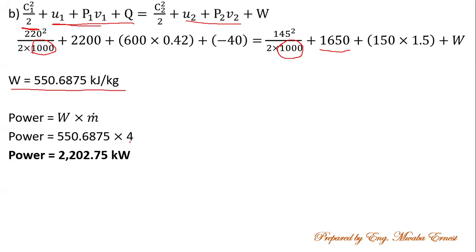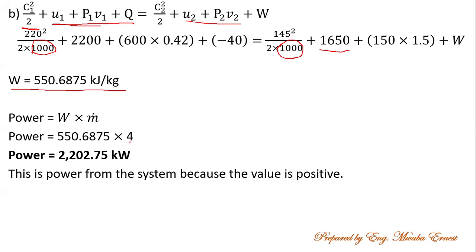The way they behave is the same. If power transfer is from the system, then we say this is positive. If, like in a compression process, power or work is being put into that system, then it's negative. So since this is a positive answer, it means our power is coming from the system. So that's our explanation right there.